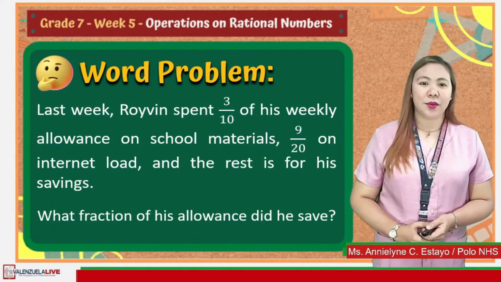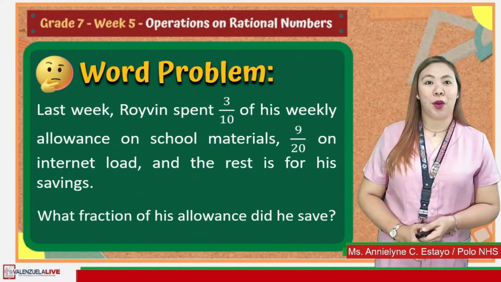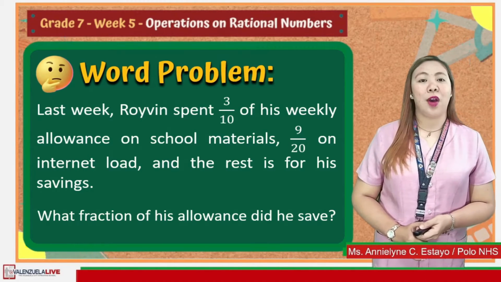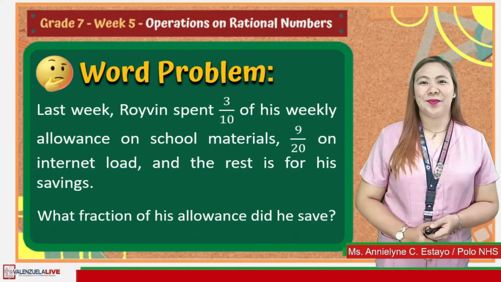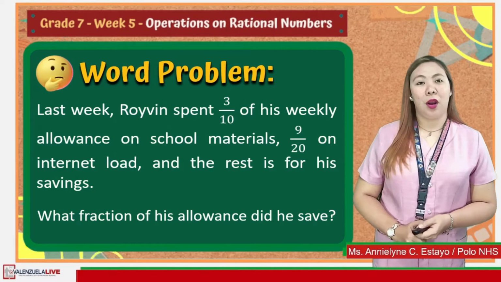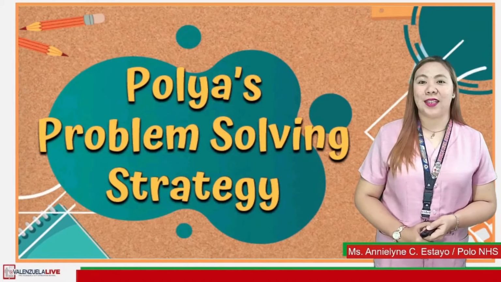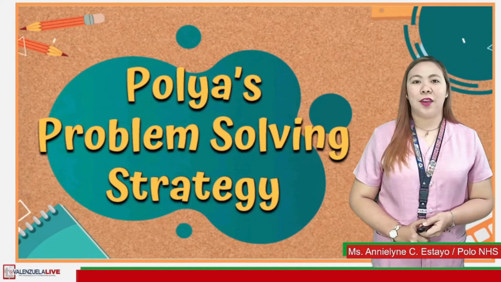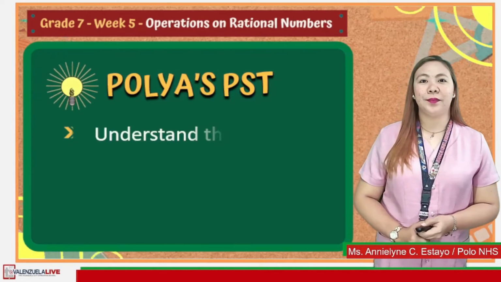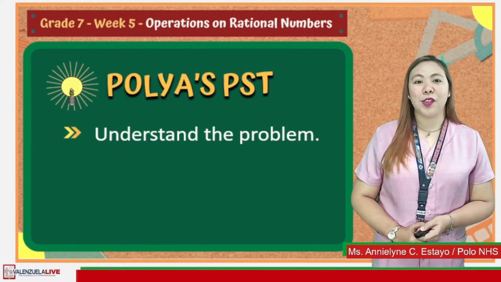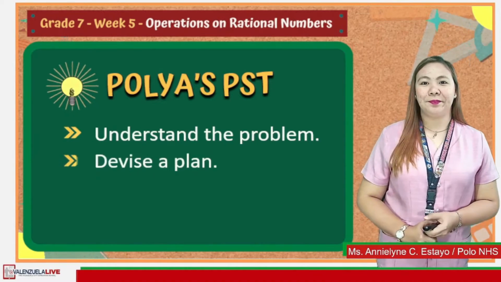Let us always remember that in solving a problem, it is important to have a strategy. When I solve a problem, I always use Polya's problem-solving strategy. It contains a 4-step procedure. The first step is to understand the problem.